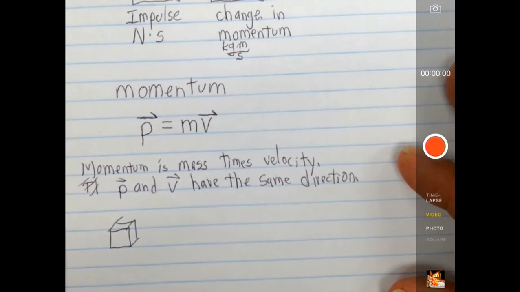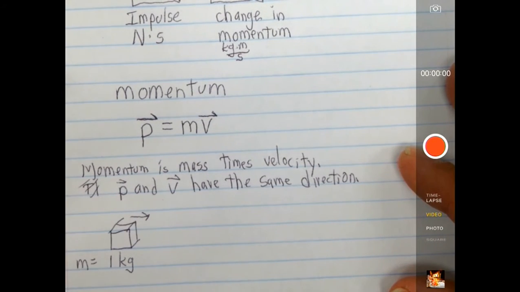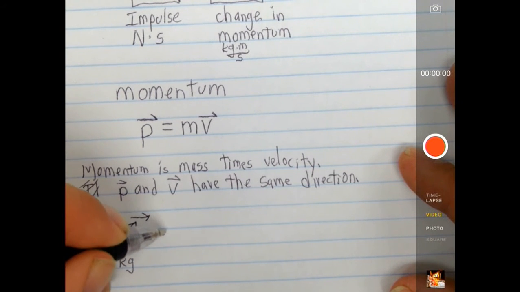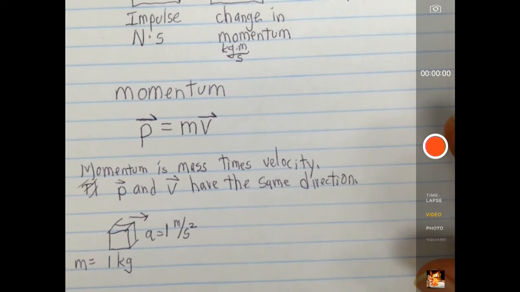If I had a 1 kilogram mass, and if I were to accelerate it at 1 meter per second squared, and I know I'm writing it to just 1 sig fig, but this is by definition.